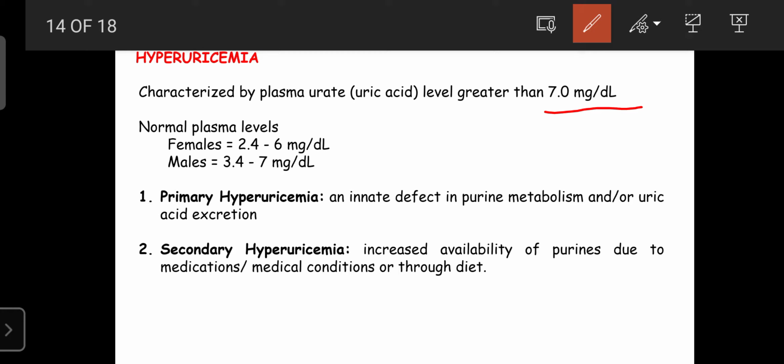Normal plasma uric acid levels are 2.4 to 6 mg per deciliter in females and 3.4 to 7 mg per deciliter in males. If it is beyond that, the condition is known as hyperuricemia.